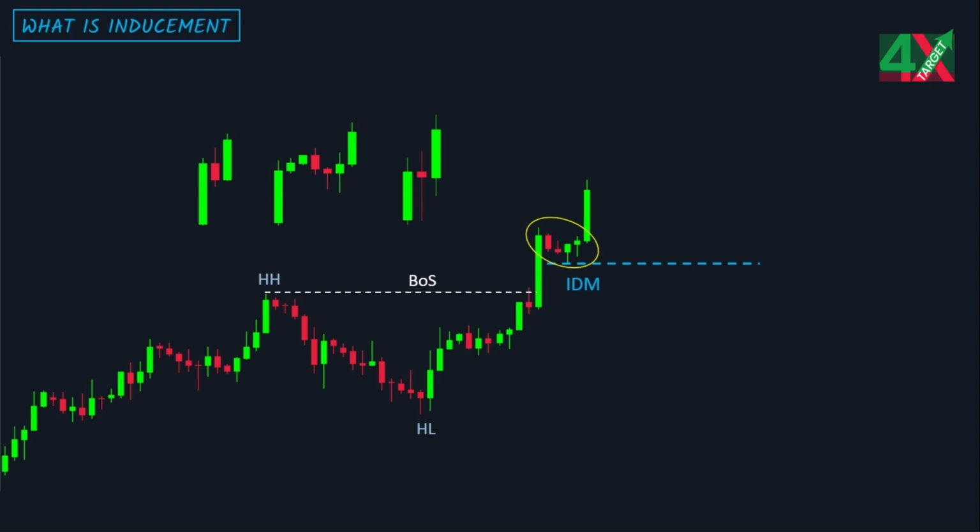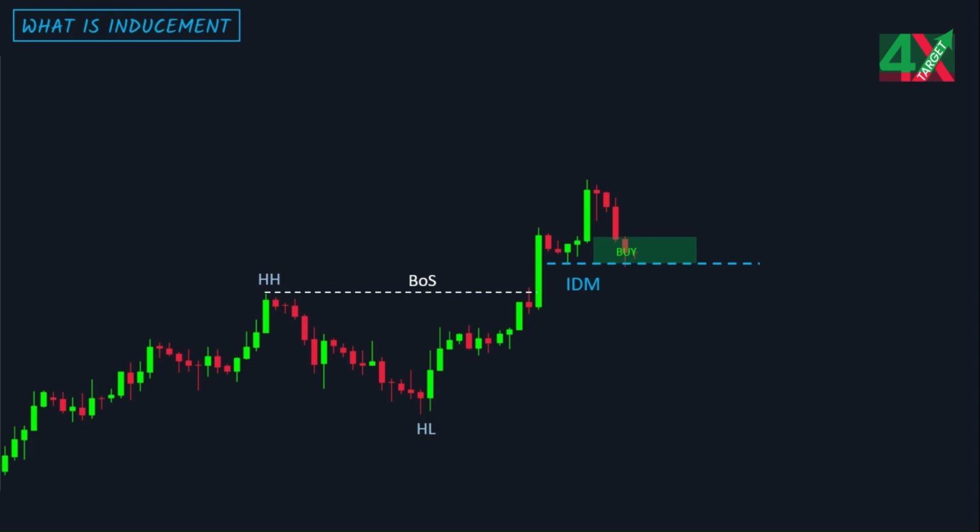Regardless of how it looks, its purpose remains the same: to lure retail traders into premature entries. These small reactions are convincing enough to make traders believe that price is offering a perfect early entry opportunity. But in reality, this is the zone where retail traders get trapped and where institutional players absorb liquidity to fuel the next move.